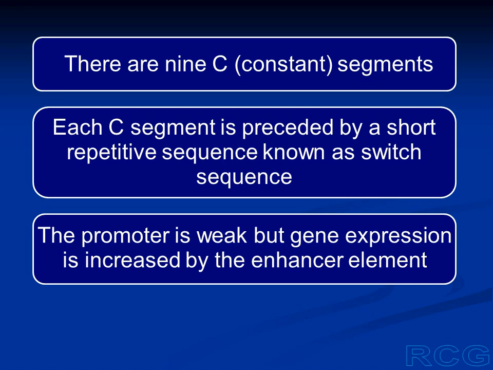So we have 9 C segments, and each C segment is preceded by a common sequence, a repetitive short sequence, which is known as a switch sequence. The promoter for the heavy chain is weak, but the expression of the heavy chain gene is increased by the enhancer element, which is located within the gene.